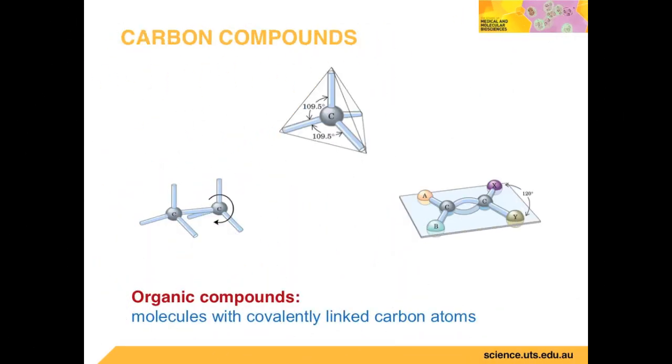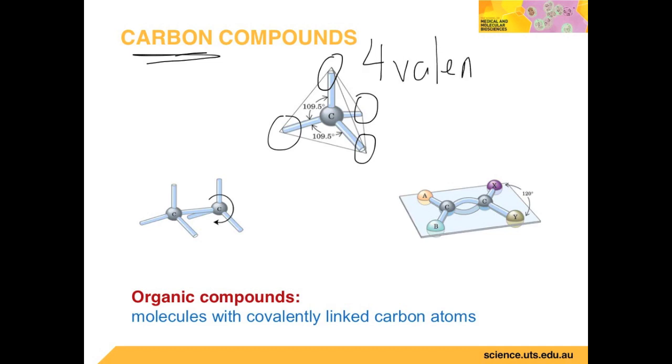Now, we are carbon-based organisms, and carbon has 4 valence electrons. Because carbon has these 4 valence electrons, it has a huge capacity to make a variety of compounds.